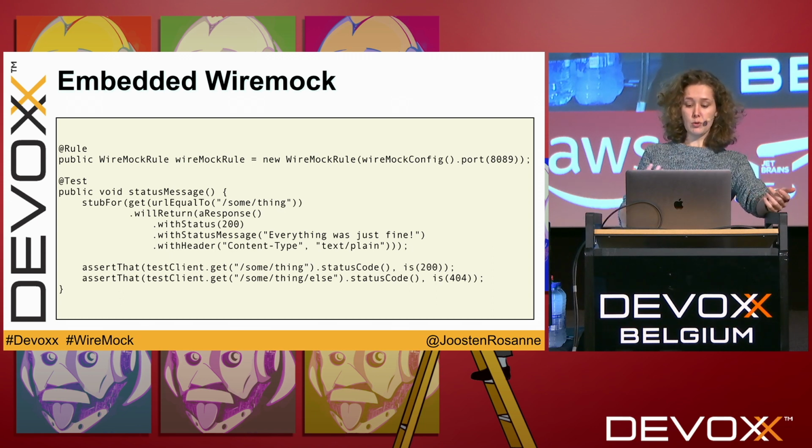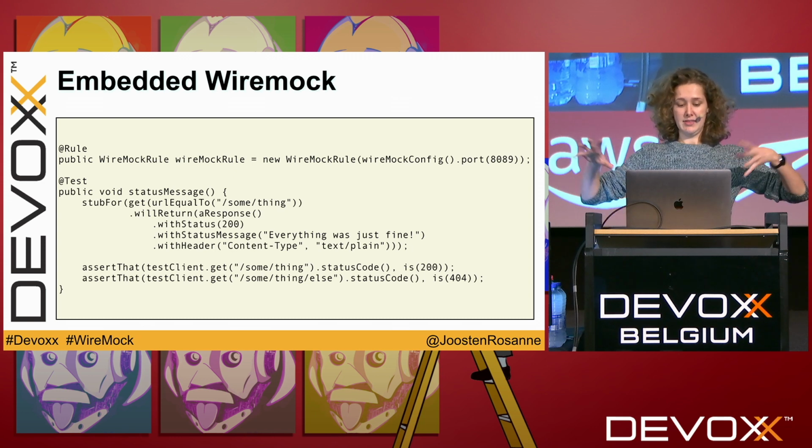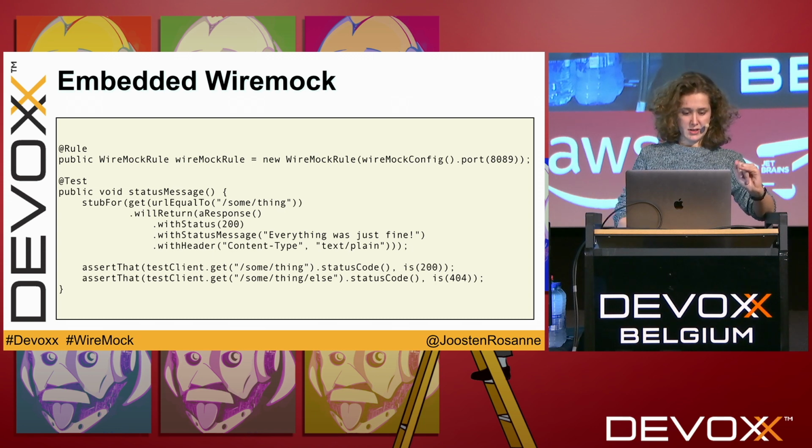You have a rule, and you can point to your configuration, and you can see in the first line of the test method that you say, I'm going to stub this, and I'm going to return this value. So it's more usable for an integration level, not so much an end-to-end test.